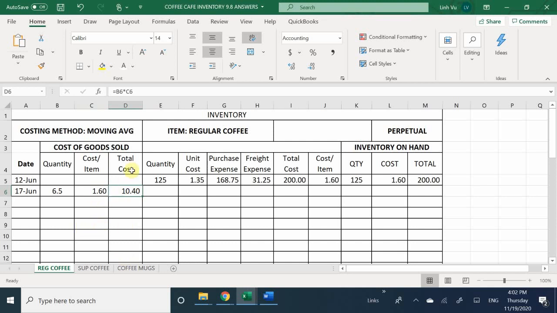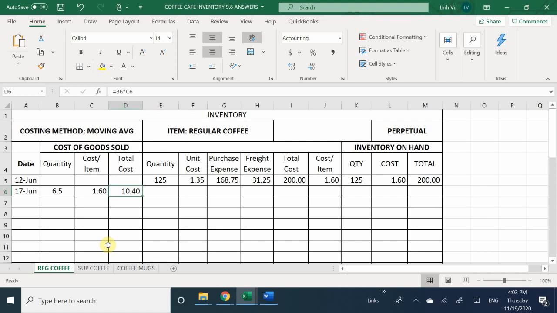You have to have a rounded number, especially when you're dealing with moving average. Because this number is already rounded, if you expand it, it's 1.6000000, evenly distributed. So in this case, I did not apply my equal round formula, because my cost per item is already rounded.